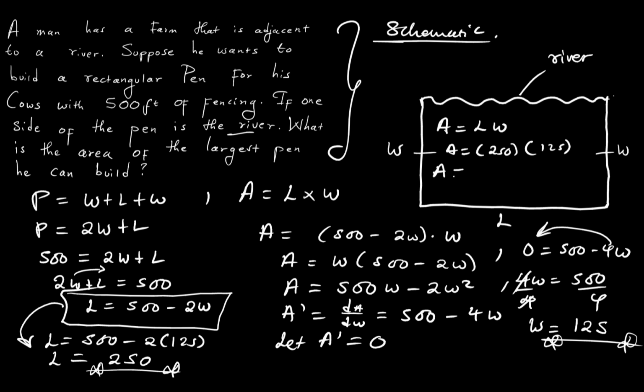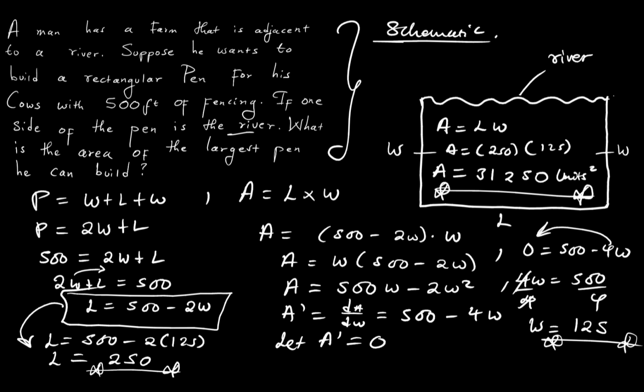Then my area will be equivalent to 31250 units squared, and that will basically be my area. So this is the largest possible area of the pen he can build.